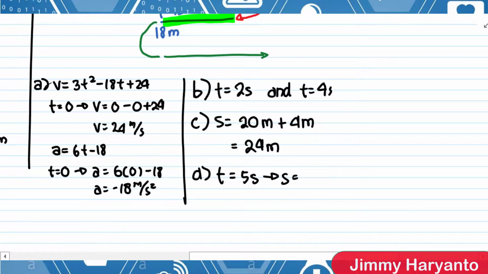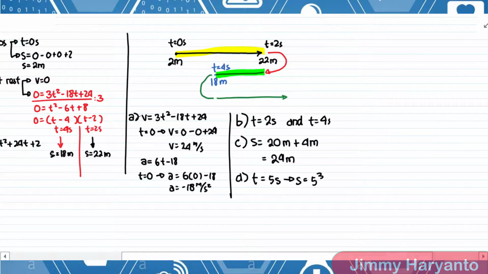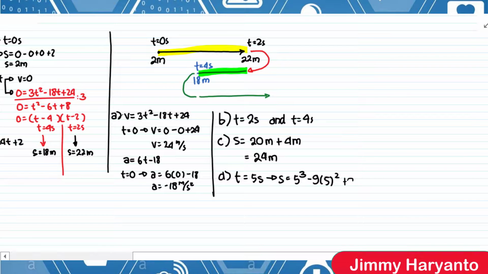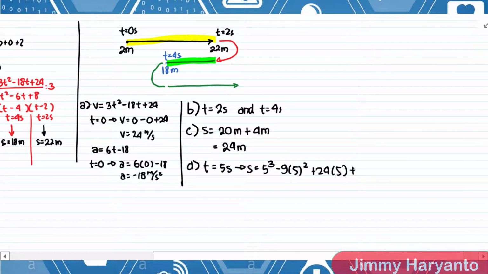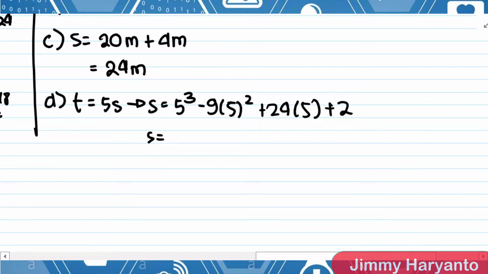The position is t³ minus 9t² plus 24t plus 2, so 5³ minus 9 times 5² plus 24 times 5 plus 2. It will be 22 meters.